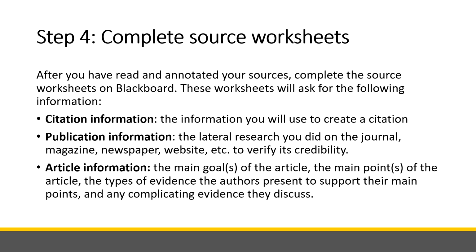After you have read and annotated your sources, complete the source worksheets on Blackboard. These worksheets will ask for the following information: citation information, including the information you will use to create a citation; publication information, including the lateral research you did on the journal, magazine, newspaper, website, etc. to verify its credibility; and article information, including the main goals of the article, the main points of the article, the types of evidence the author presents to support their main points, and any complicating evidence they discuss.